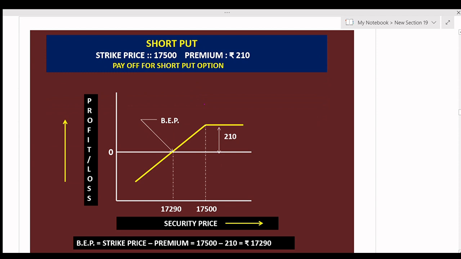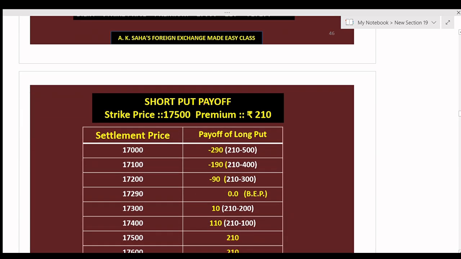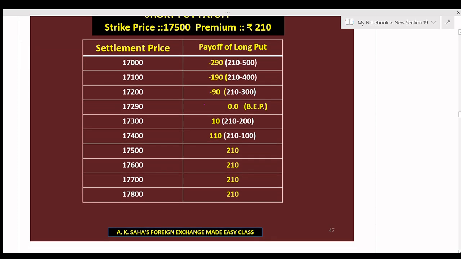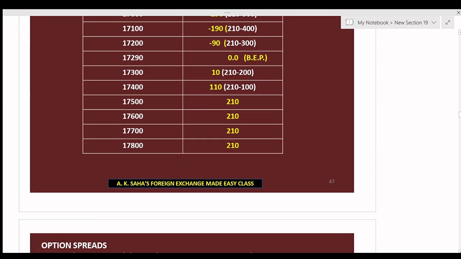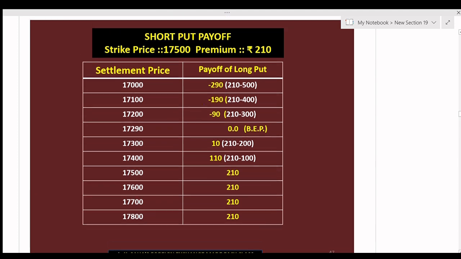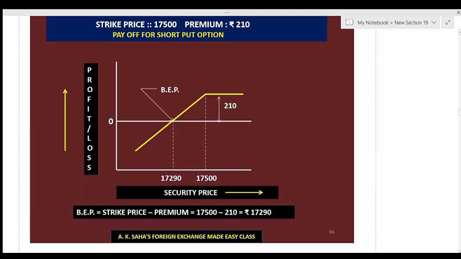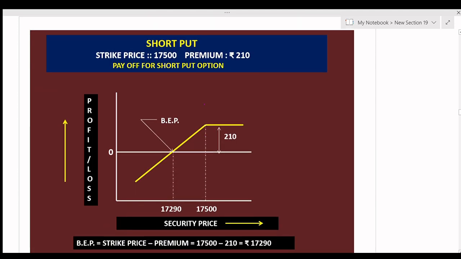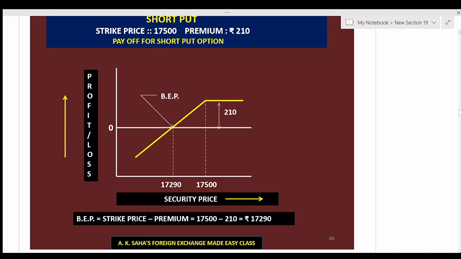In the case of equity share, this is also shown here. 17,500 strike price, premium is 210. The BEP, break-even point, is 17,500 minus 210, 17,290.